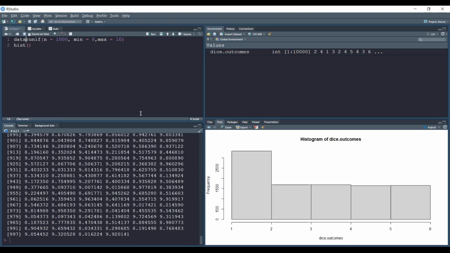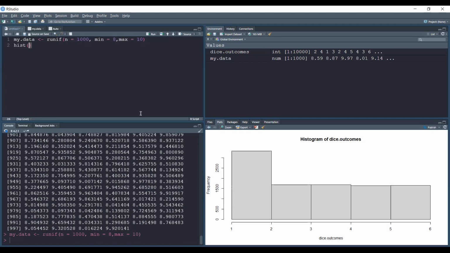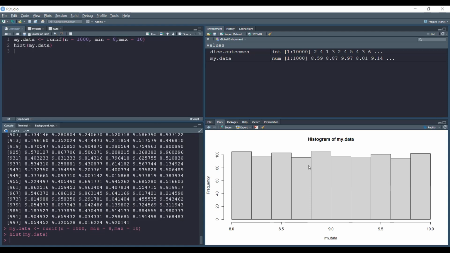Let's call this my data. As you can see, it's uniform, right? Practically self-explanatory. In each bucket, so there's the bucket from, let's say we took eight buckets. Although R doesn't always give exactly 8.